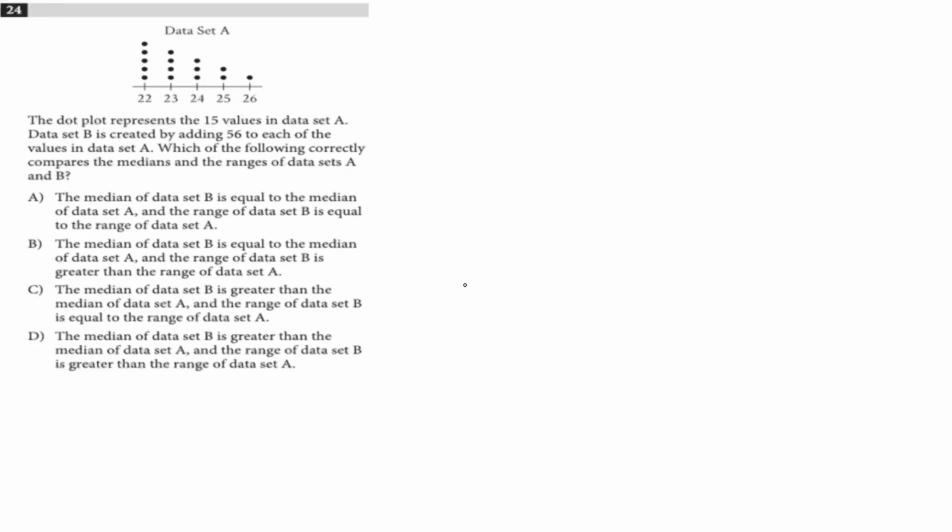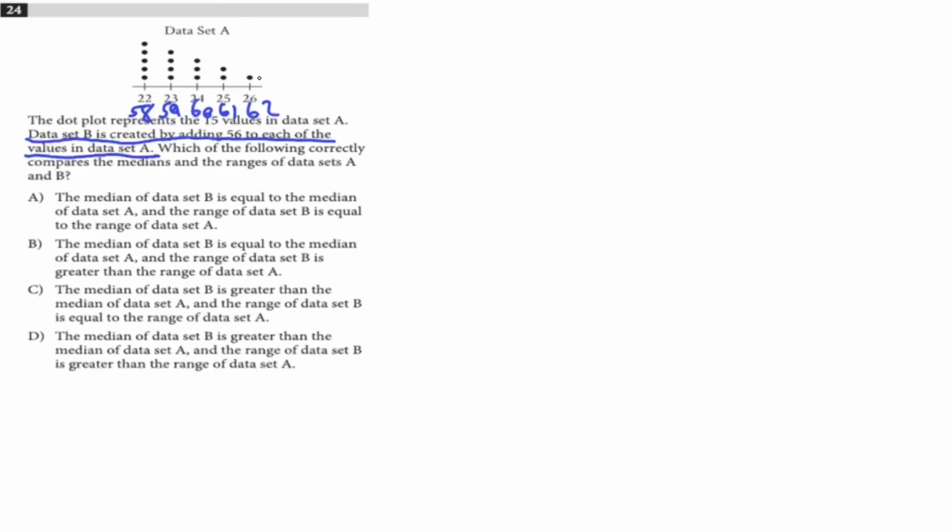So here's another one that I think is really easy if you know what to do, but you can get tripped up really easily. We're given data set A in this picture, and we're told that data set B is created by adding 56 to each of the values in data set A. So all that means is this will become 58 and then 59, 60, 61, and 62.